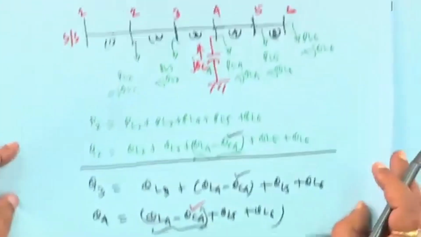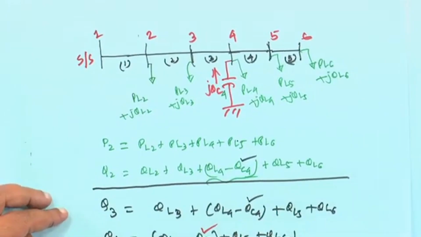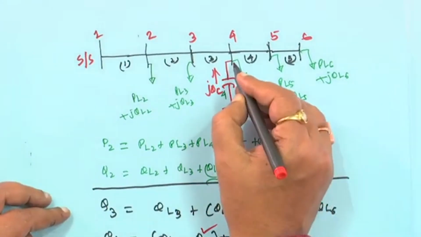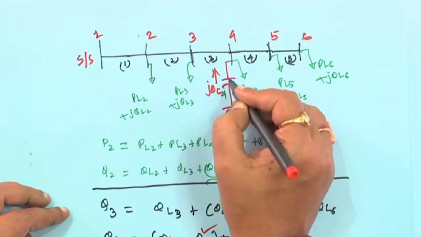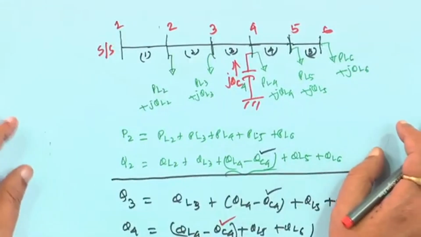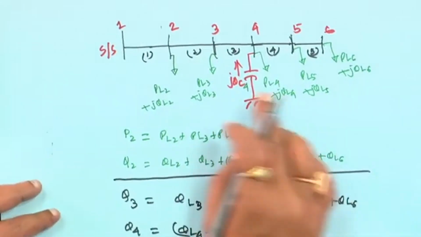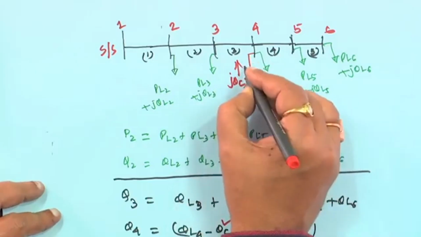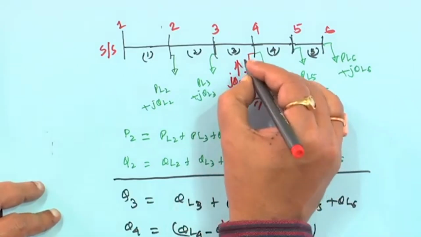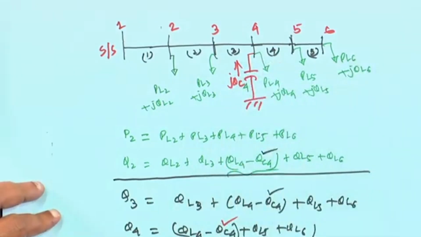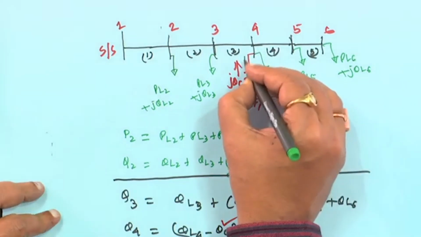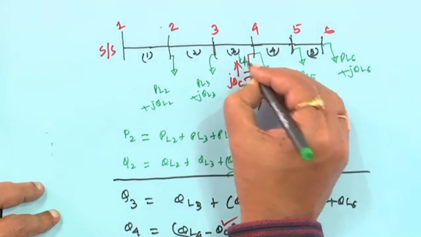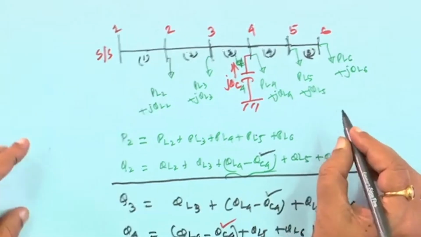What does it mean? Whenever you connect a capacitor, intuitively or philosophically, it is QC, which means it is also injecting a current IC at that node.